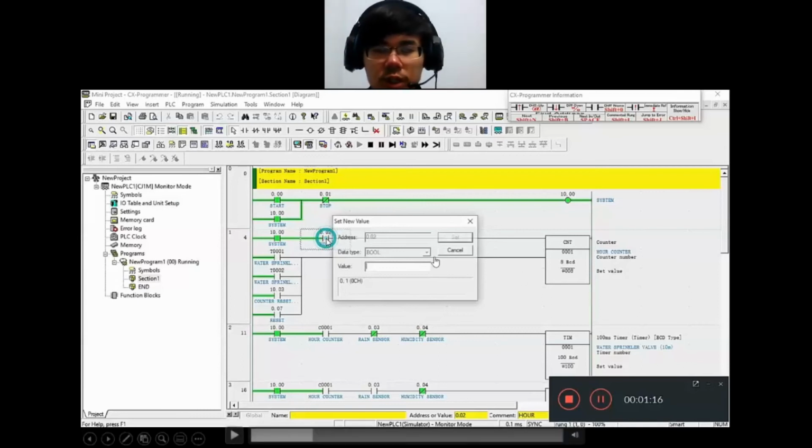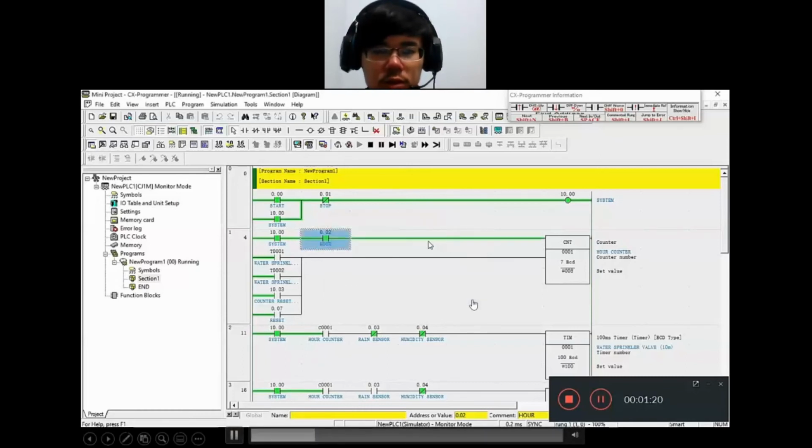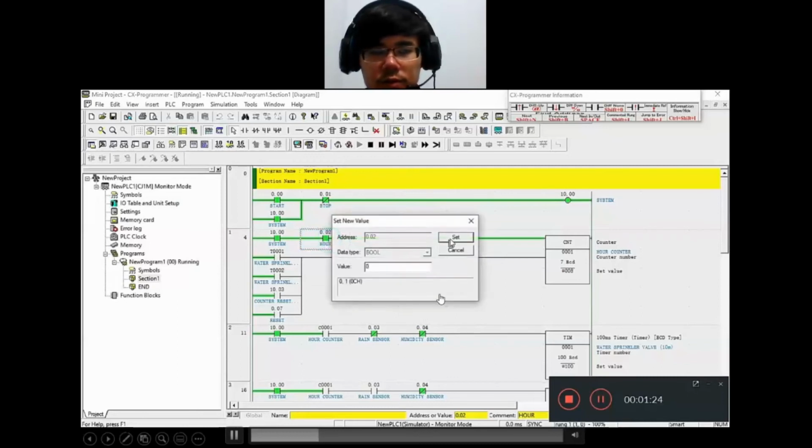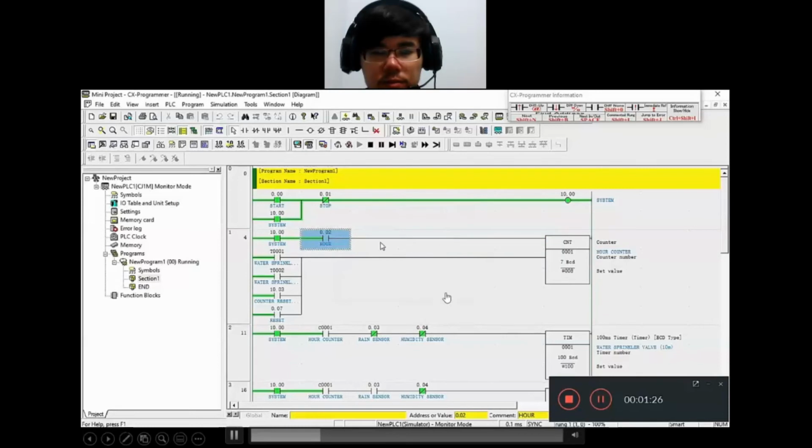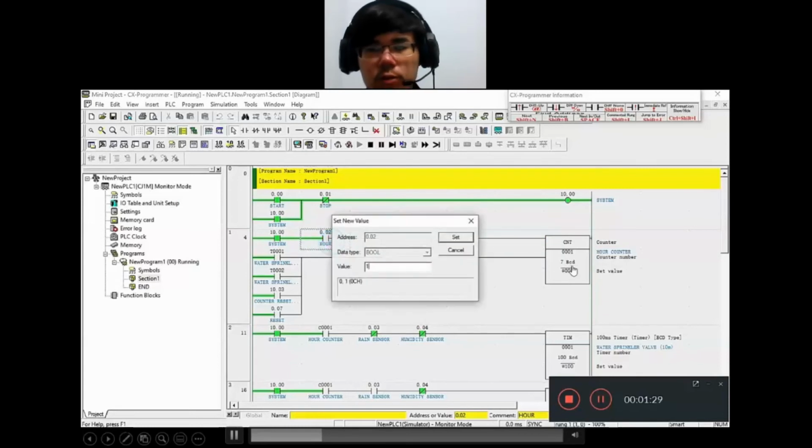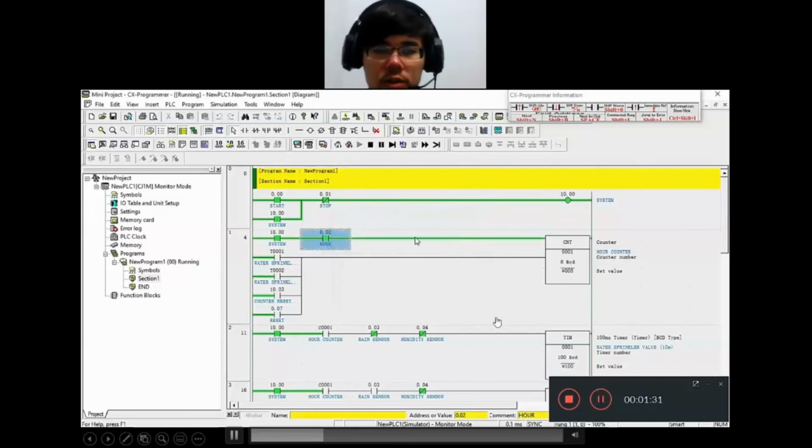So after 8 hours, the hour counter will start to function. Now the first time. And the counter here will start counting down for 8 times.